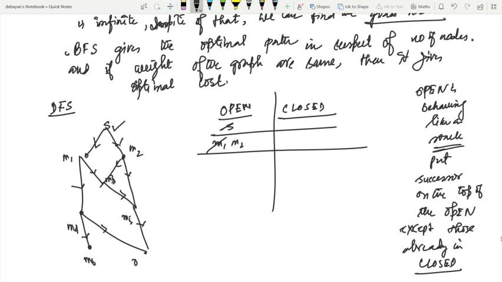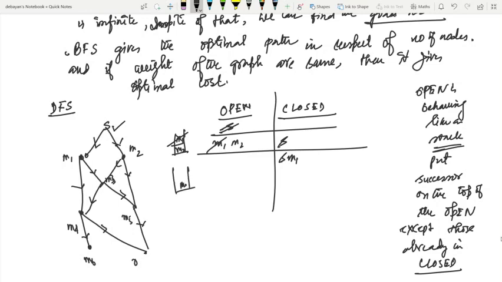If M1, from M1 the neighbors are M4 and M3. So you first put S in closed, and from S, M1 and M2 are explored. Since this is a stack, you put first M2 then M1, then the top of the stack is removed and it is put into closed as M1.